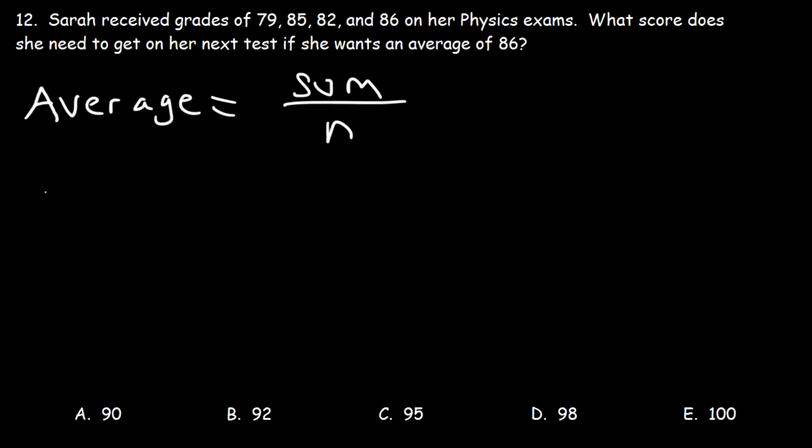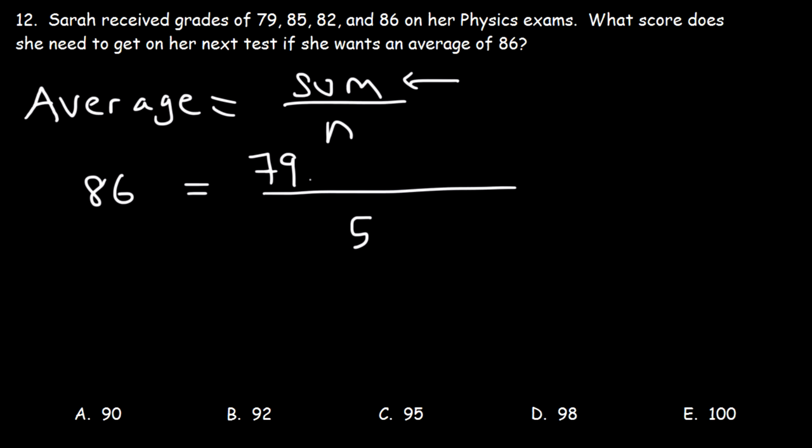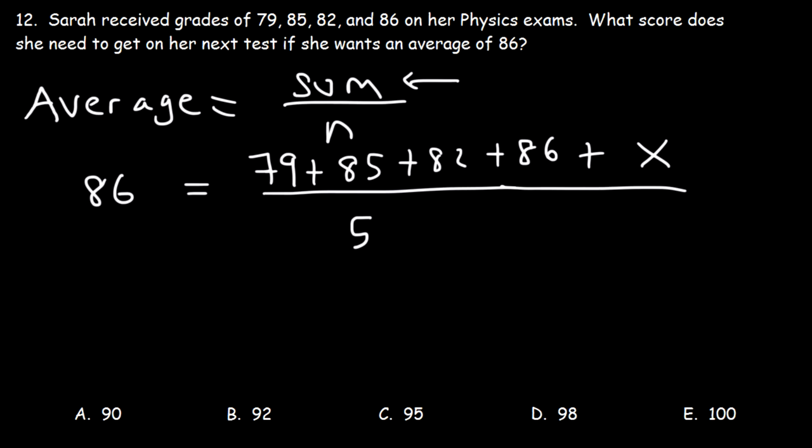So in this example, the average of 5 tests is 86. N is going to be 5. On top, we need to have the sum of those 5 tests. The sum of the first tests are 79, 85, 82, and 86. We don't know the value of the 5th test, so we're going to call it x. Our goal is to find the value of x.